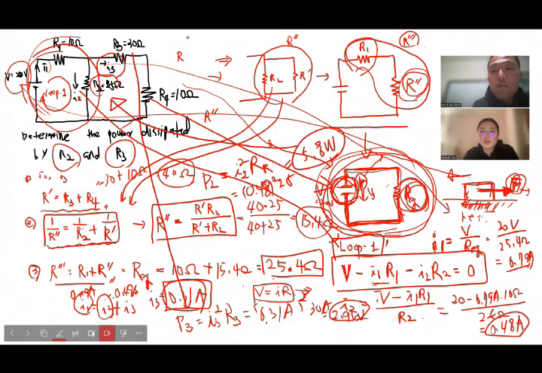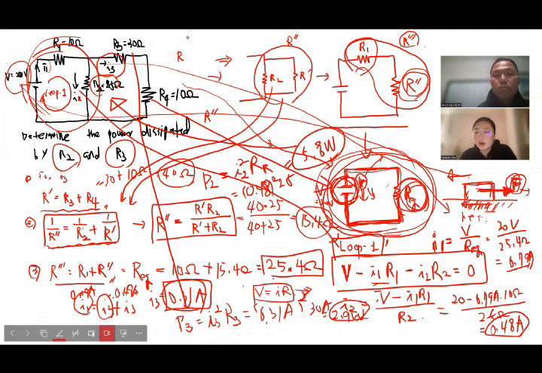Yeah, because that's the way my teacher taught me to use Ohm's law. V is equal to I times R, and once you know V is equal to 20, equal to I times R total, then you're able to find I. And the two that are going to be in series are R1 and R double prime, I think. Those are going to have the same I value. So then you can plug in V is equal to IR.